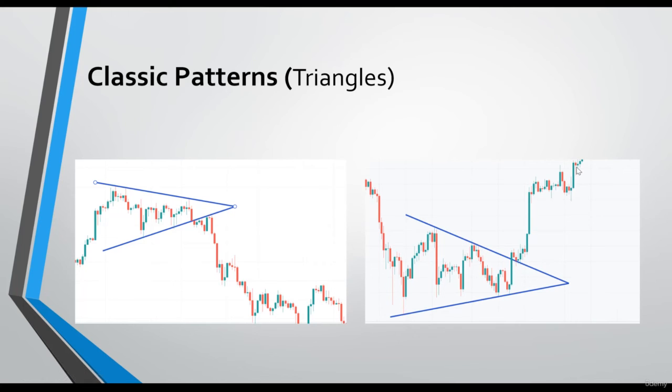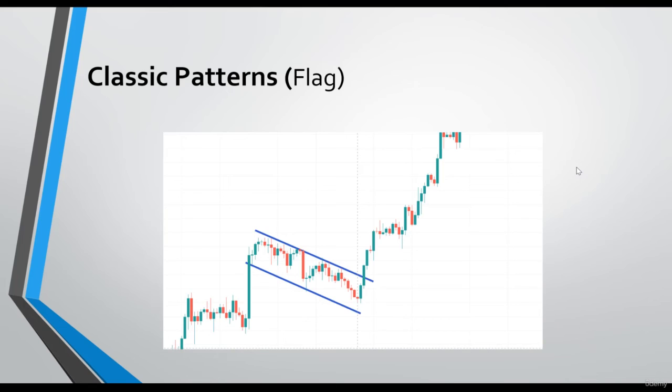All right. And the next pattern which I'm going to explain is called flag. When you draw the lines of support and resistance, it makes something like a channel. It could be uptrend or downtrend, no difference.